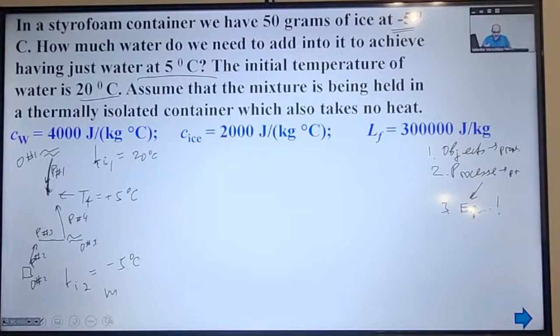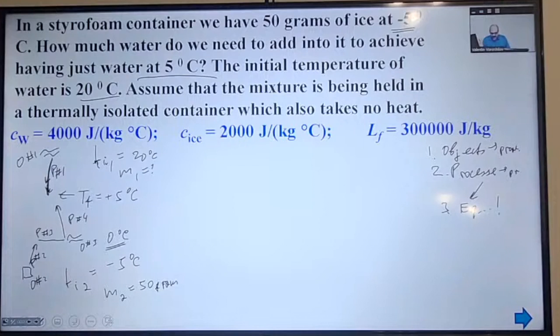The mass of ice equals 50 grams, and the phase transition temperature is 0 Celsius, and the mass of water is what we're looking for. We don't know that. So each process is either temperature change or phase transition.